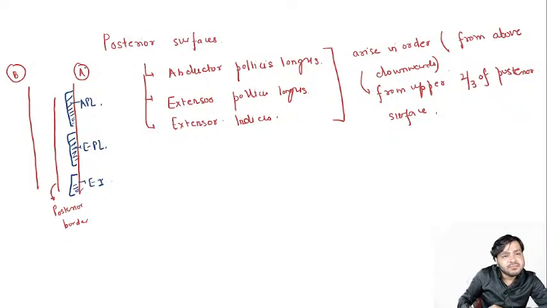Okay. A is the anterior border. Okay. And B is the interosseous border.